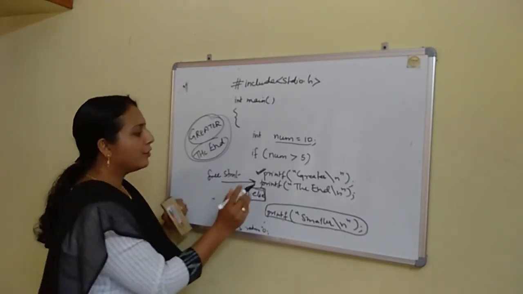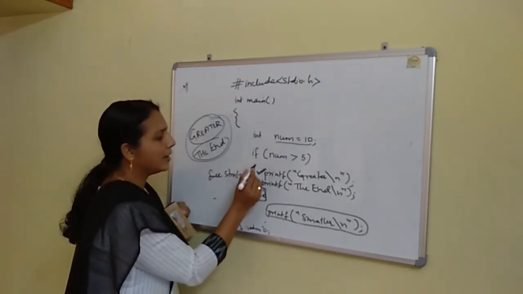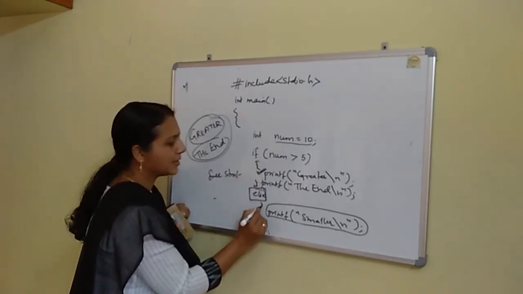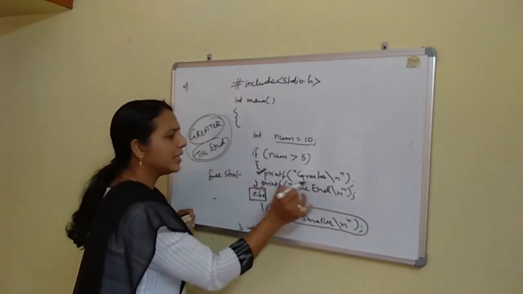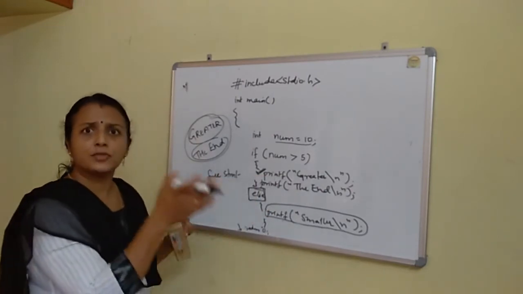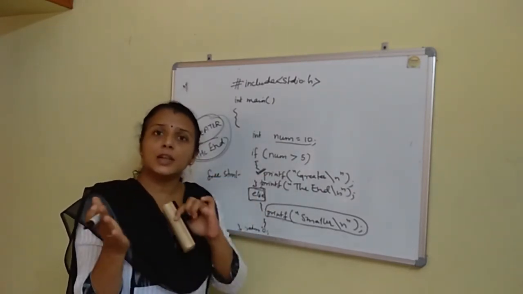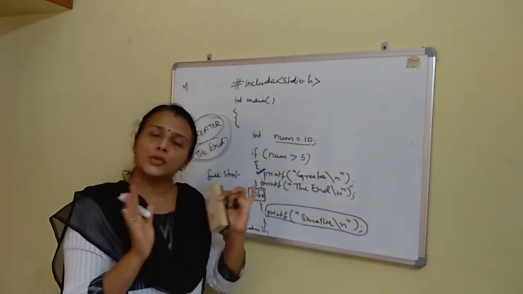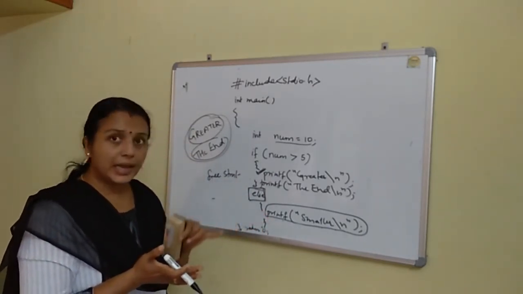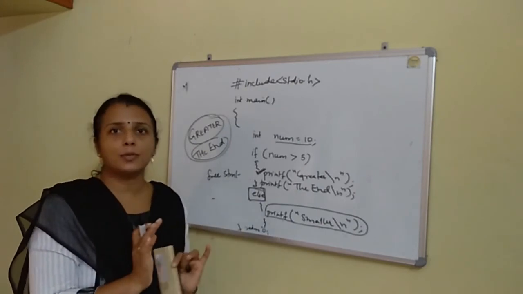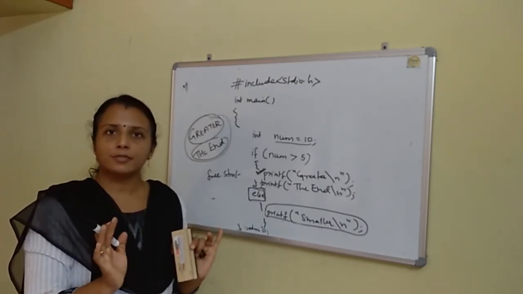So if you want to remove that error, you have to put the braces. When you put the braces, all the statements present within the braces will come under the if block, and no error will occur. The statements within the braces in the else block will be the else block statements. So no errors will be there.